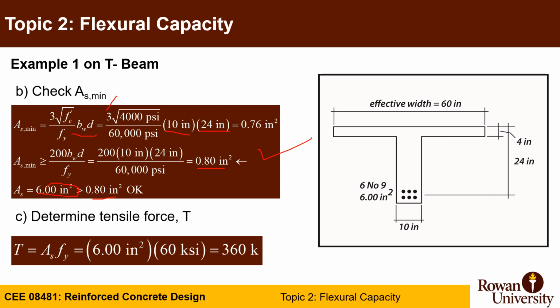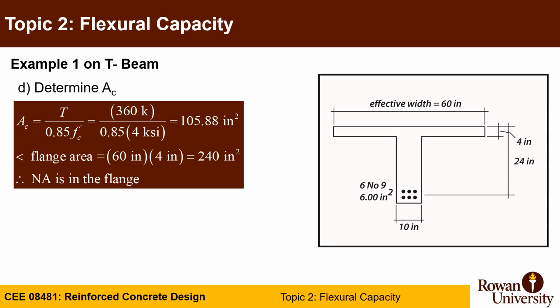Let's calculate the tension. AS is provided as 6 inch square. Fy is 60. So in this case, if you use 60 ksi and 6 inch square, you get a force of 360 kips from the tensile. Let's calculate the area of concrete required.